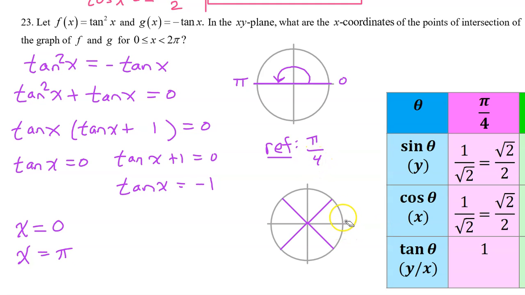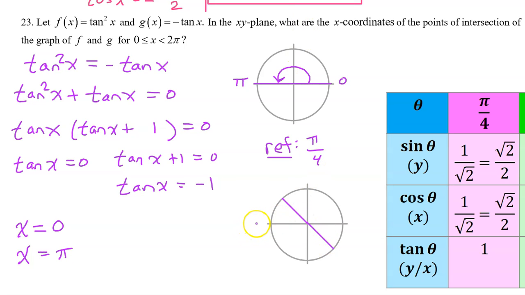On the interval from 0 to 2 pi, here are the four angles with a reference angle of pi over 4. In this case, we want the tangent to equal -1. Again, tangent is the slope of the terminal side. So we will stick to quadrants 2 and 4, where the slope and thus the tangent will be negative.